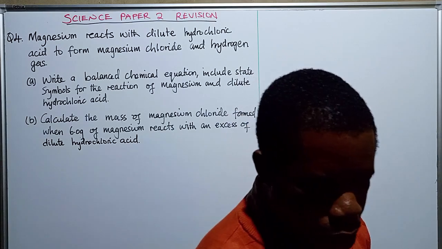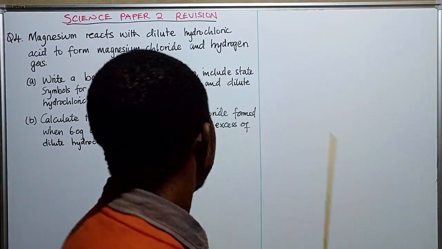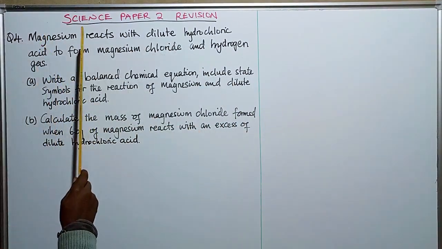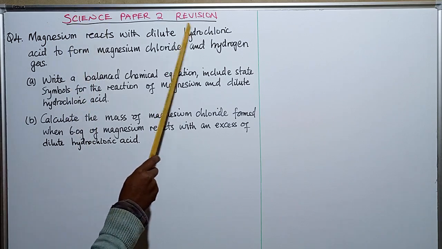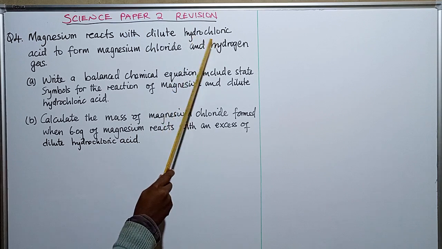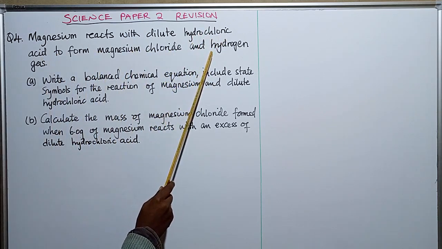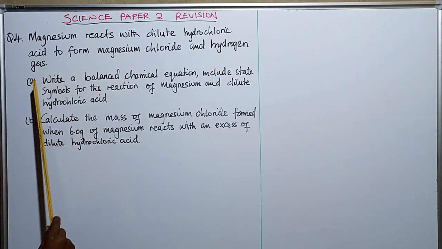All right, so here is the question. This is coming from Science Paper 2 revision. Question 4: Magnesium reacts with dilute hydrochloric acid to form magnesium chloride and hydrogen gas.